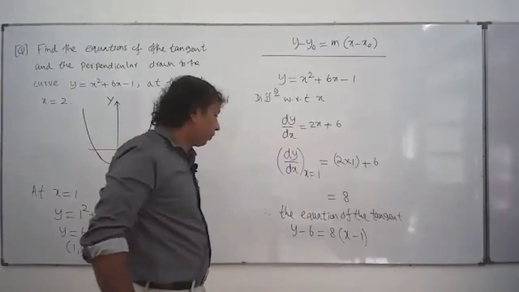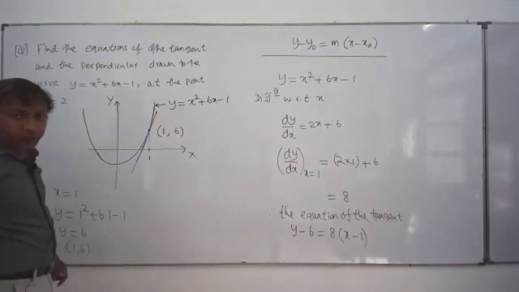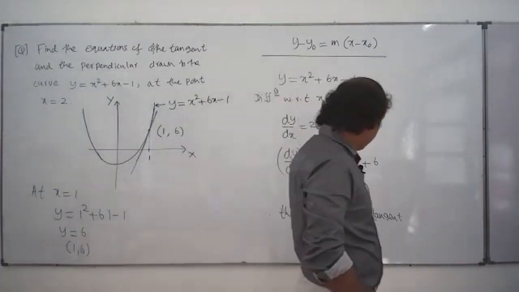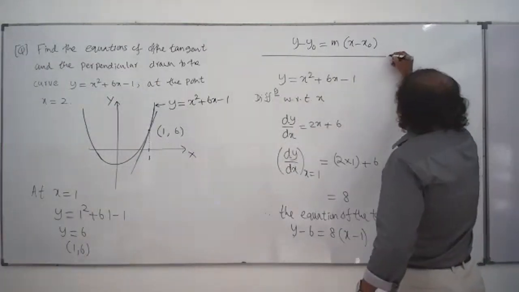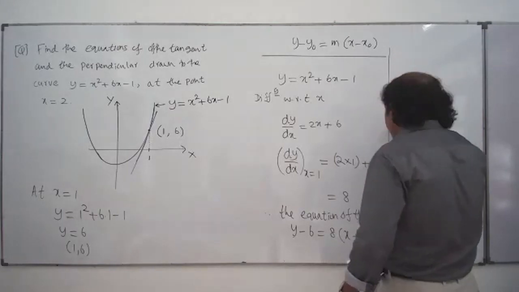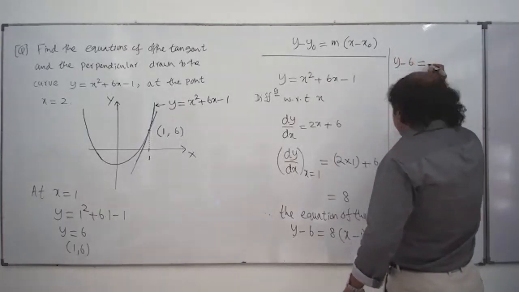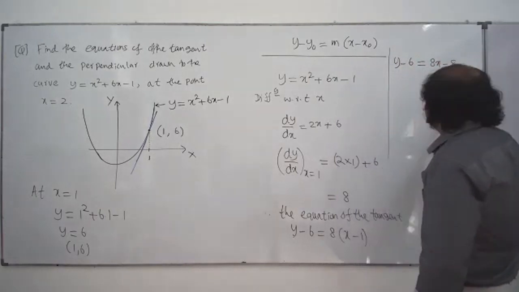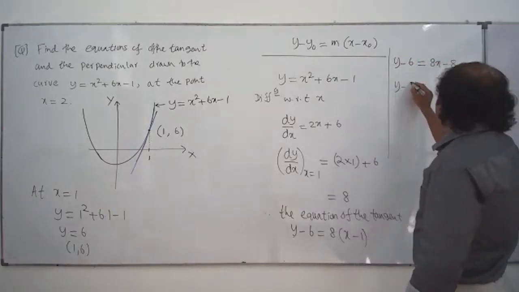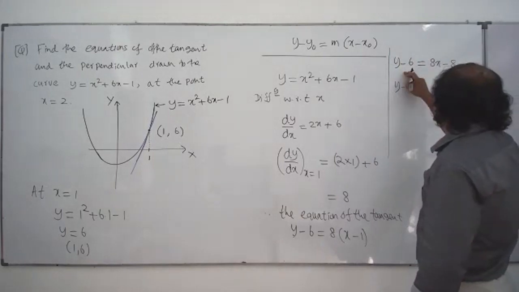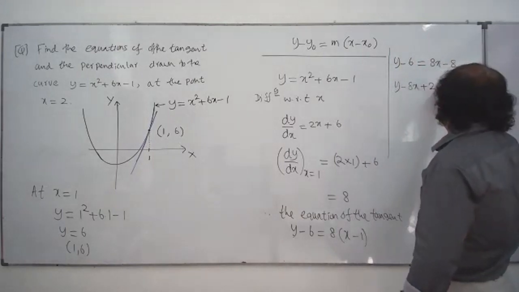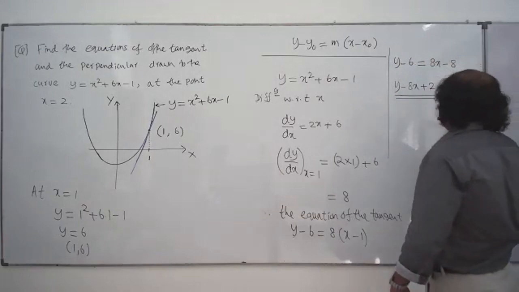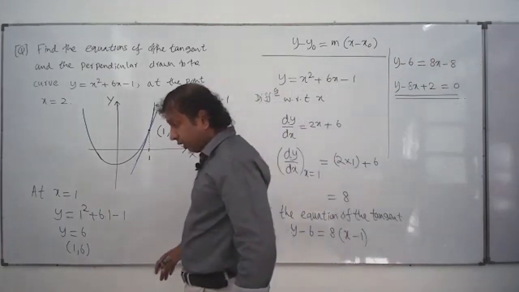Now take all the terms to the left hand side. y minus 6 equals 8x minus 8. Bringing 8x to this side and 8 to the other, y minus 8x plus 8 minus 6 is 2, and the right hand side is 0. This is the equation of the tangent line.